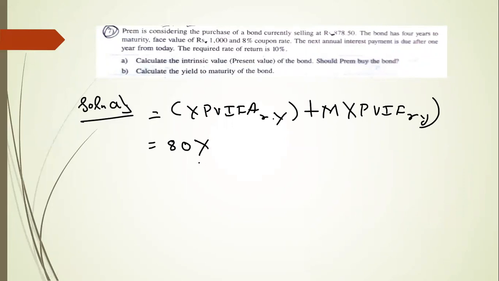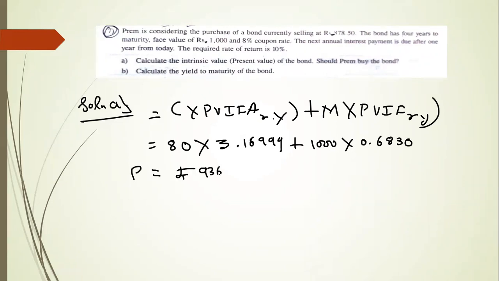So we get the value, that is 3.1699, plus 1000 into present value interest factor, that will be 0.6830. So we get the P value, that is intrinsic value, that is rupees 936.592.